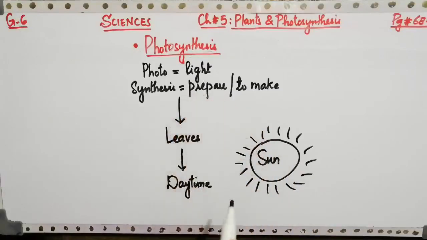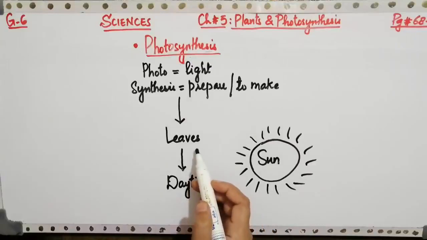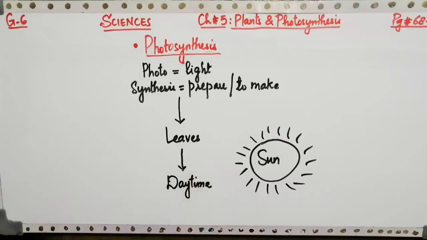Clear? And the part of the plant in which the food is prepared is called the leaves. Now why does photosynthesis not occur at night? Photosynthesis does not occur at night because no sunlight is available at night. That's why the best timing for photosynthesis is daytime, यानी दिन की रोशनी.